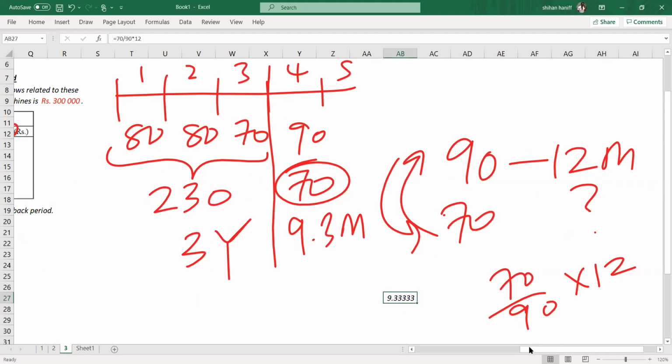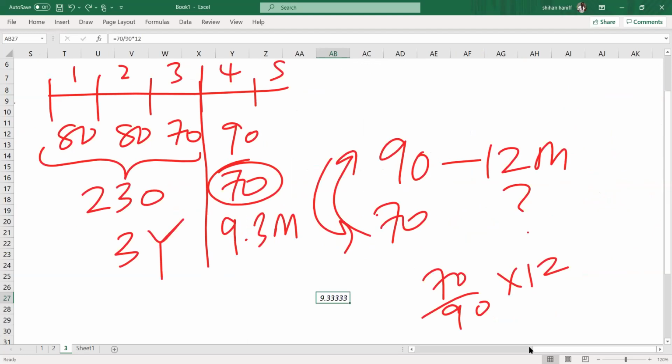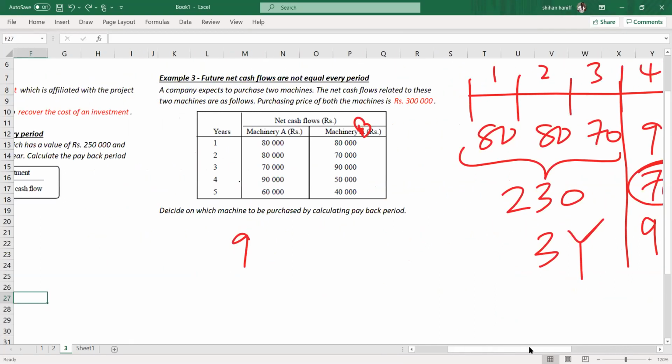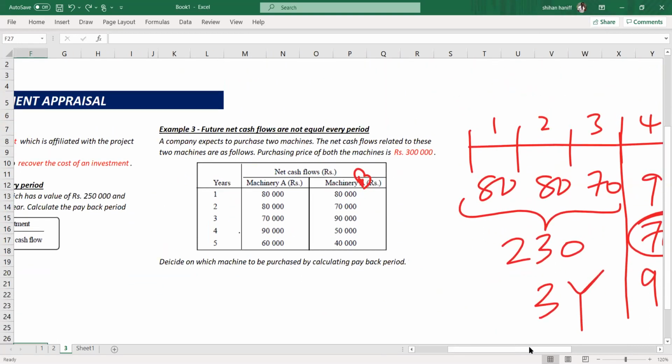Okay, so machine A: three years and 10 months.